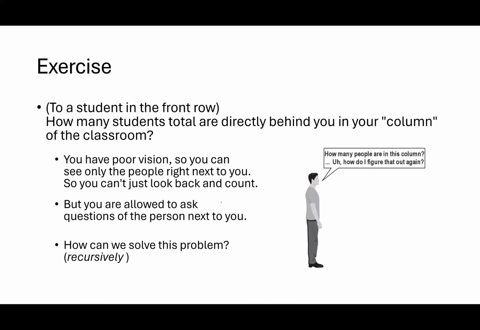Someone in the front wants to know how many students are standing in the column, but he cannot move from there. Just think about this. He cannot move, and also he doesn't have such powerful vision to look all the way behind and count.